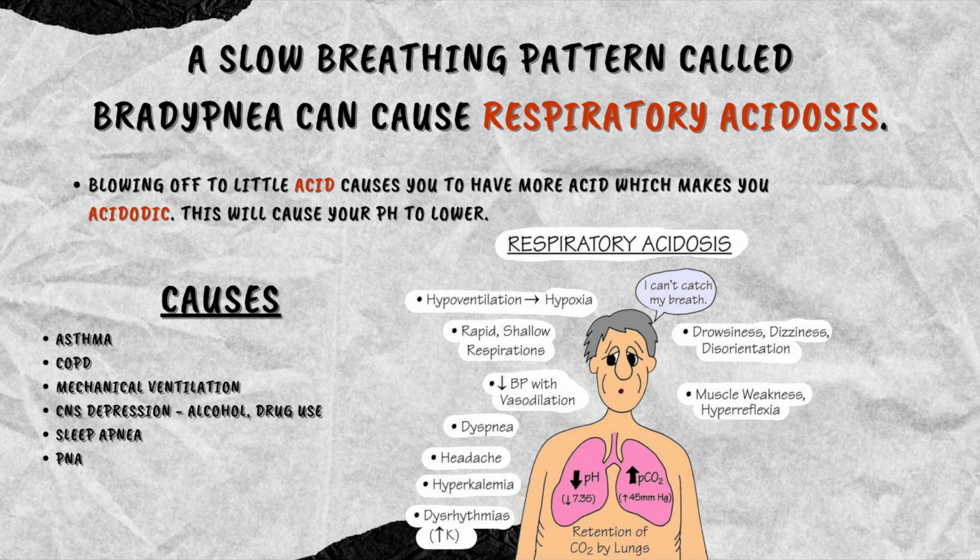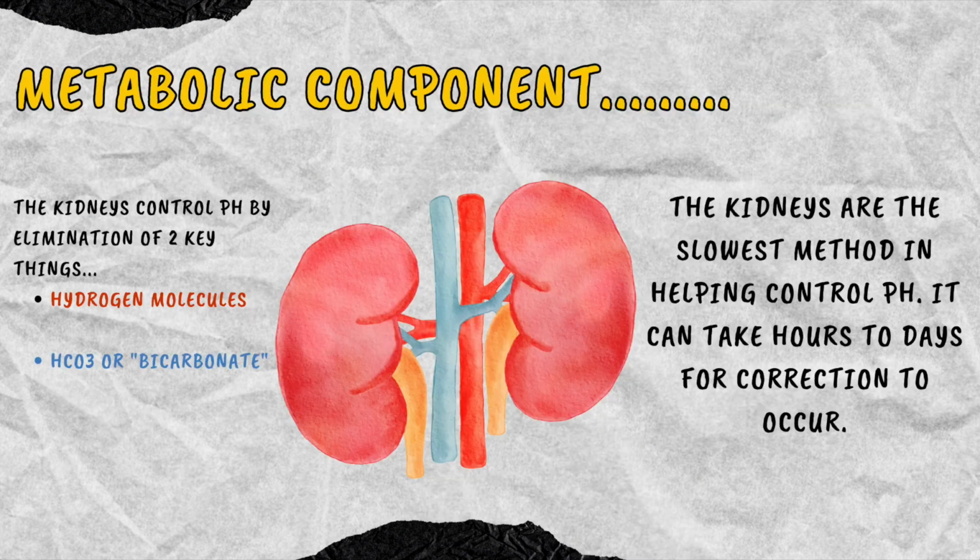Alcohol use, drug use, anything that kind of slows that drive down. These folks are going to have a buildup of acid. Sleep apnea, also a big one. Pneumonia, anything that is going to impair gas exchange inside the lungs is also going to put us at risk for respiratory acidosis.